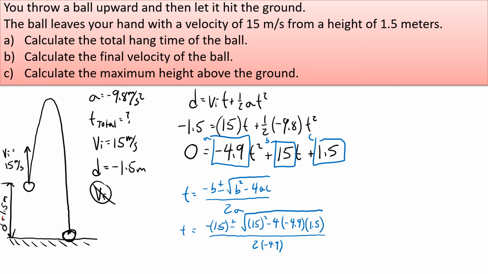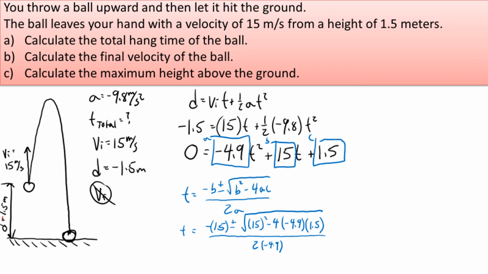And by the way, if you're not plugging this into your calculator in one line and doing the plus side of things, and then you go second entry in your calculator, and then you just change the plus, you could scroll over with your arrow keys and change the plus to a minus, and it should make it a little bit easier for you.